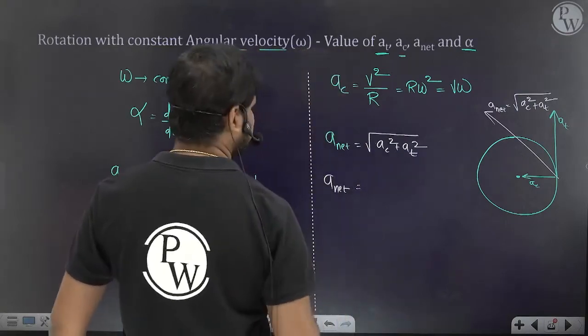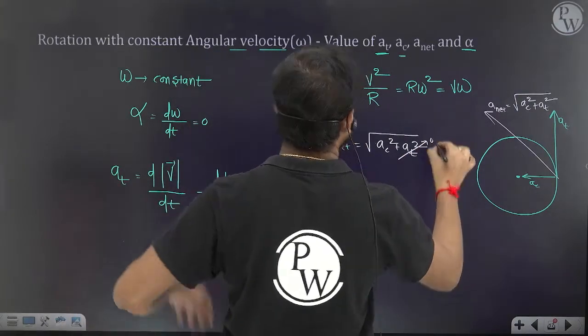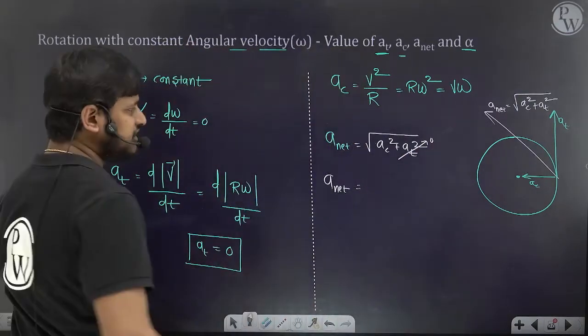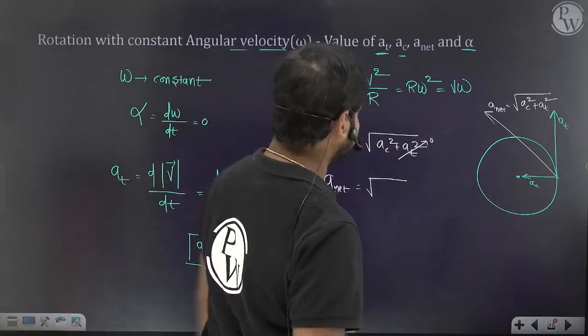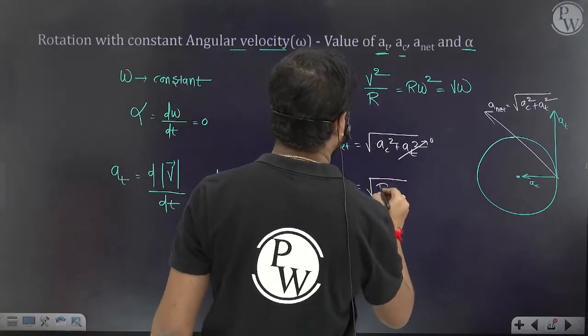A net is equal to... AT is however 0 in this case because omega is constant. In place of AC you can write any of these, your wish, so let me write r omega square.